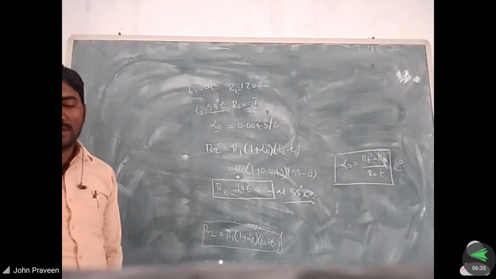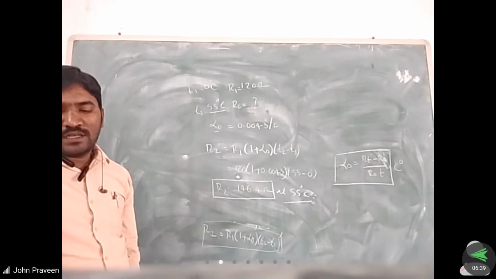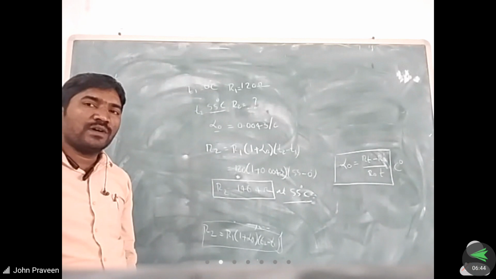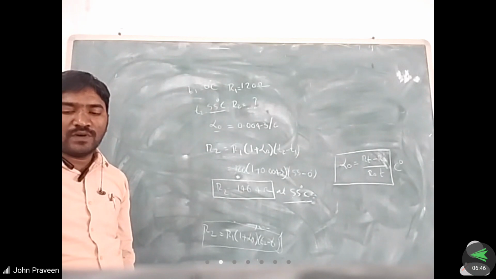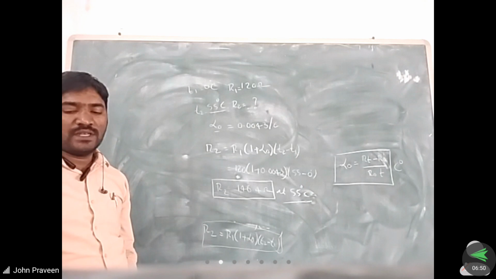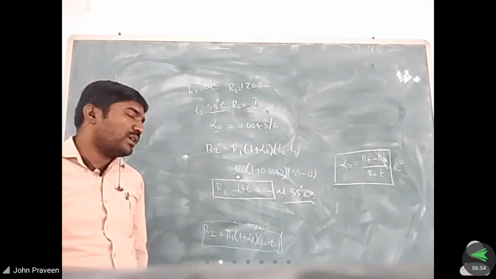So, we can do such problems simply. Sometimes the resistance values of R1 and R2 are given, and we want to find the temperature coefficient with a given temperature. So let us also look at one model.